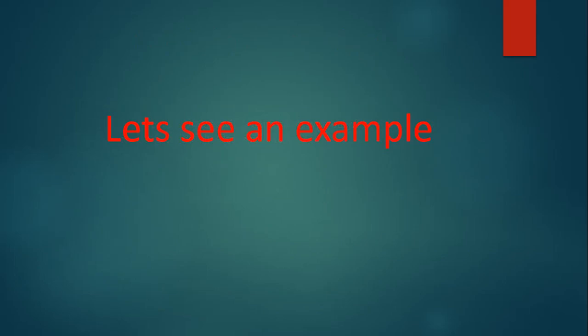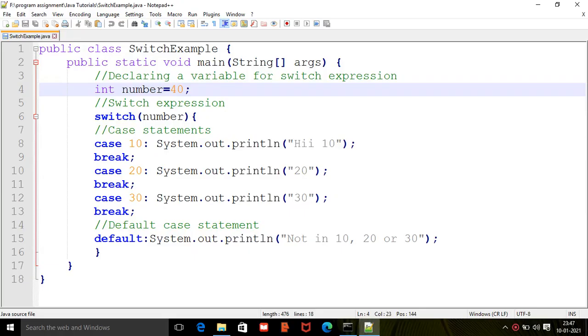So let's see an example of how to use the switch statement. First of all, we make a class SwitchExample and inside the class we make a main method, that is public static void main String args. Inside the main method we declare a variable, int number equals 40, and this number variable acts as the switch expression.